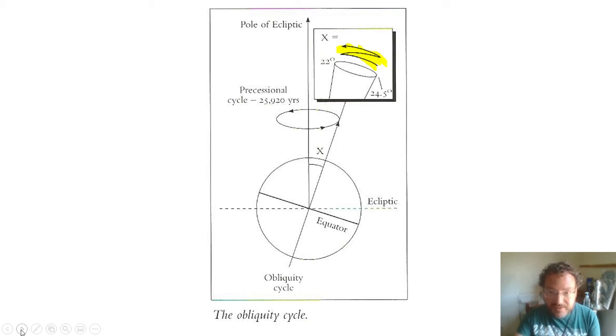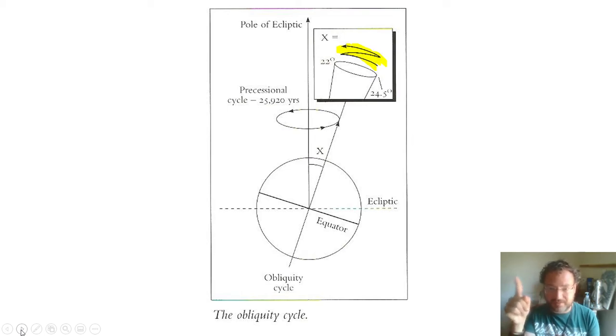But due to this slight wobble, which is something to do with the position of the moon, I won't go into it, it's not really important why it happens, only that it happens. It means that the Earth is spinning like a top, but there's a small variation in the rotation of the Earth's axis, which means that the stars that it points at, true north, alter over time.